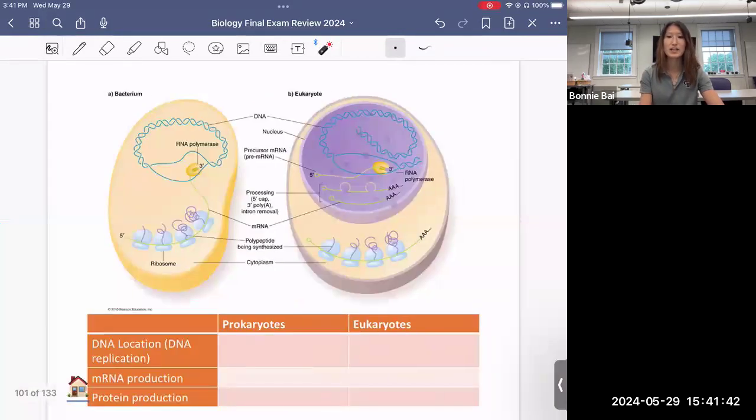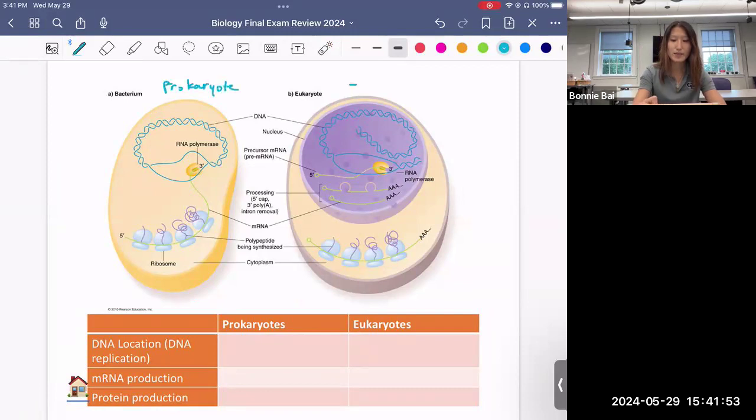All right, moving on. We're going to talk about transcription and translation. So on the left side, we see a prokaryote, and on the right side, we see a eukaryote. So a prokaryote goes through transcription and translation, just like a eukaryote would. But what is transcription? DNA to mRNA, as in we're making mRNA using the DNA template.